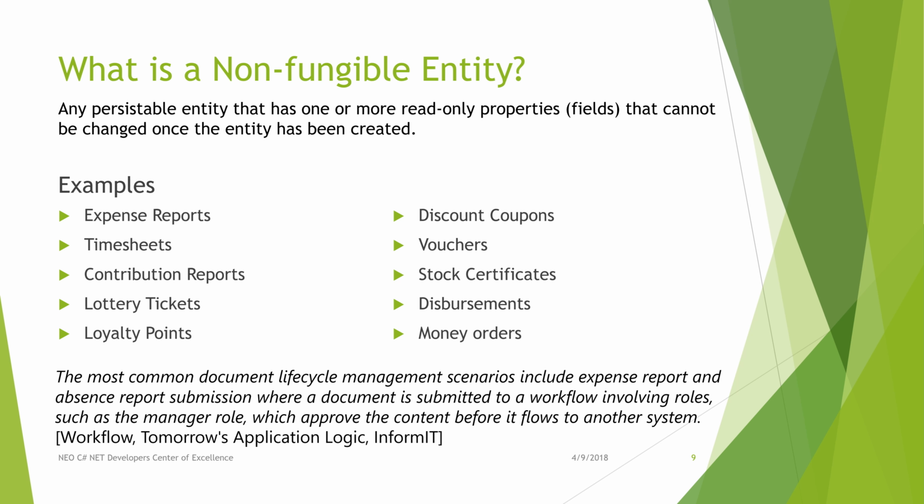Further, when we think about just business process automation in general or workflow, we're reminded that the most common document lifecycle management scenarios, like expense reports and absentee report submission, are the most common types of workflows you'll find.